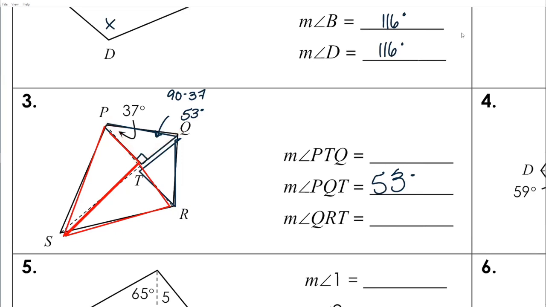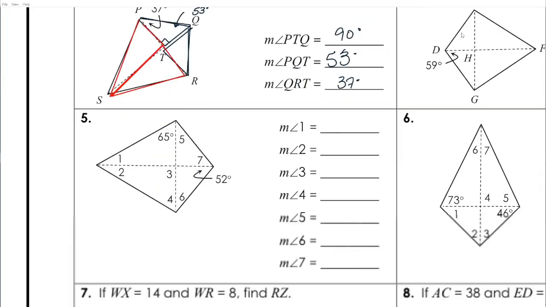We know that one is 90. And then QRT, because our triangles are congruent, we know that if PQ is 37, QRT has to be 37.